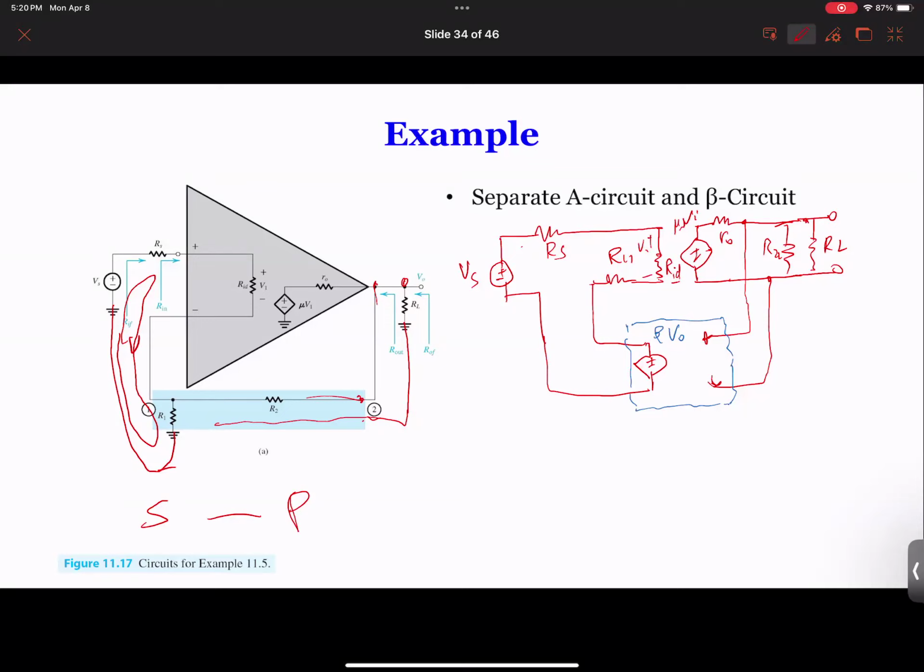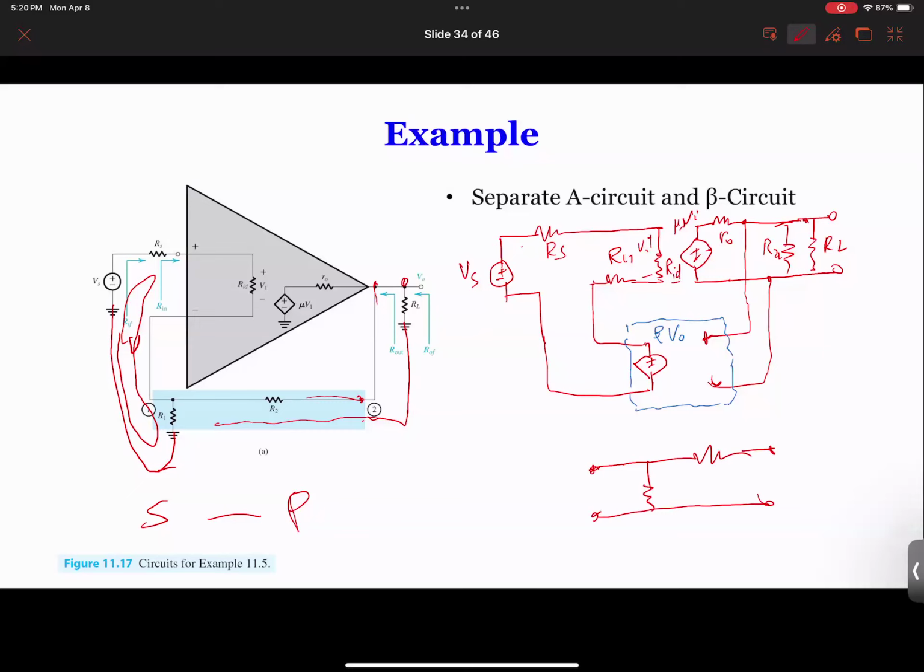It's not the true A circuit; it's actually the overall circuit that includes the feedback. In order to get the A circuit, we simply remove this one. If we make it a short circuit, that becomes your actual A circuit. But I just leave it like that. And then for the beta circuit, we have it like this. This is our beta circuit.